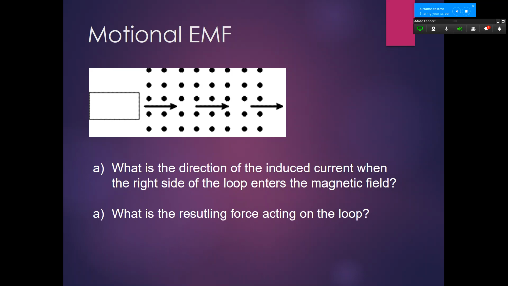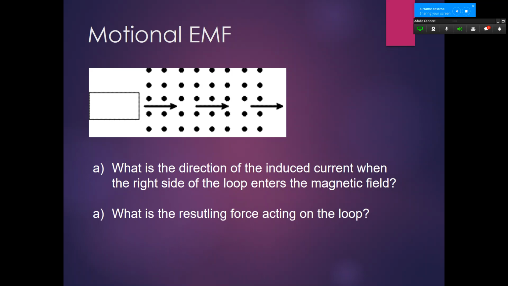I'm not going to solve this question yet because we need to use Lenz's law. It's asking you about direction. But imagine this. I have a loop here. It's just a square loop, not connected to anything, and it's going to approach this magnetic field. The magnetic field is pointed towards you or away from you? Towards you, exactly.